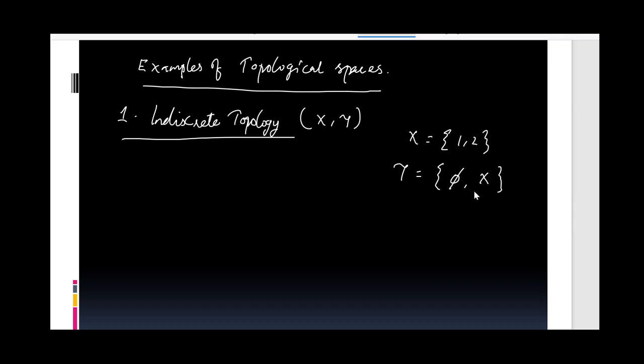Now it is closed under arbitrary union; when you take unions, you will get only X. Now it is closed under finite intersection too: if you take the empty set with X, you will get the empty set, and intersecting X with X, you will get X itself. So this will form a topology. This topology is said to be the indiscrete topology. So tau contains only two elements: one is the empty set and the other is the entire set.